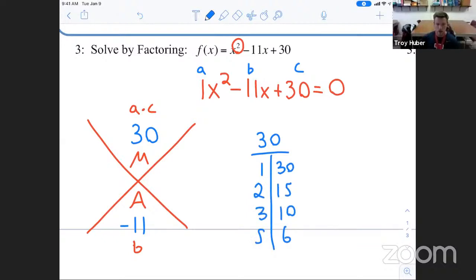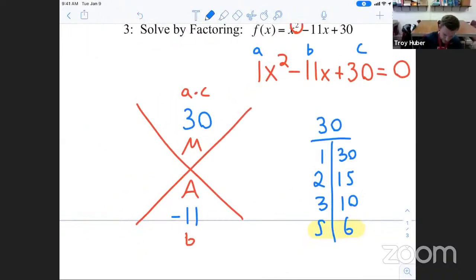All right, now we want to look at what pair could add to negative 11. So I'm like, oh, 5 plus 6 is 11. But remember, you want negative 11. So maybe I can make this negative 5 and negative 6, because negative 5 times negative 6 is positive 30. And when I add them together, I'll get negative 11.